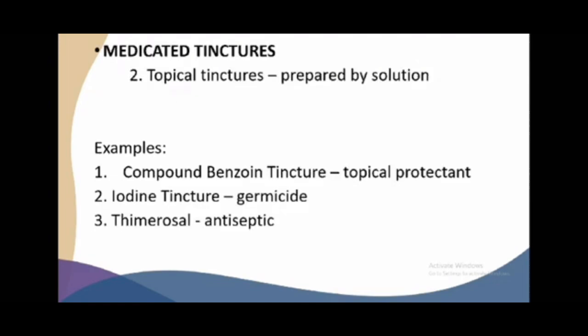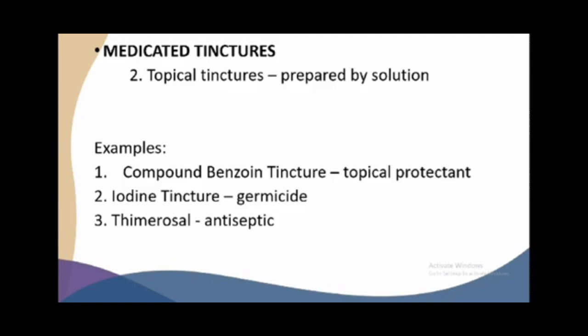The last type of the medicated tinctures is the topical tinctures. The topical tinctures are prepared by solution. However, this can cause a stinging sensation when applied to abraded or broken skin, so we must be careful in applying this to our skin. An example is the compound benzoin tincture, which is used as a topical protectant to prevent or treat rashes or other minor skin irritations.